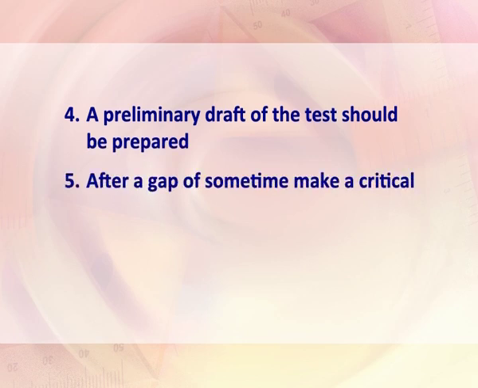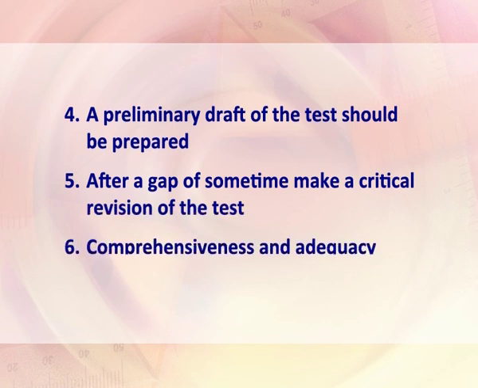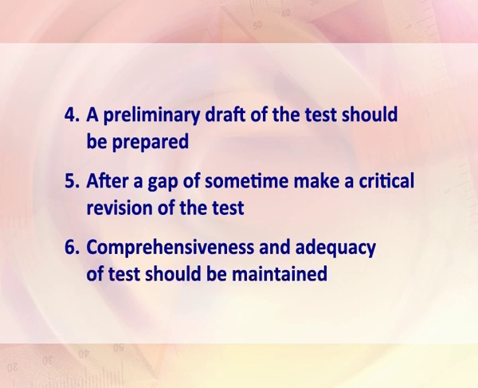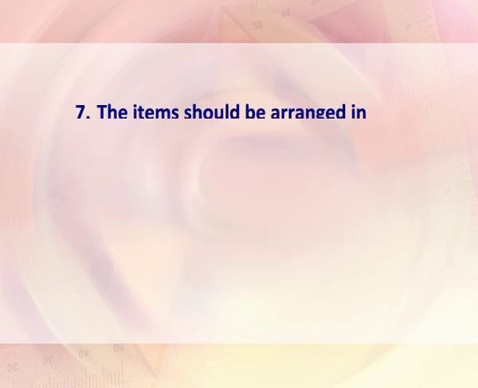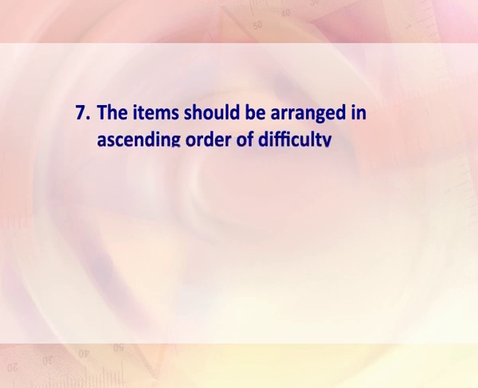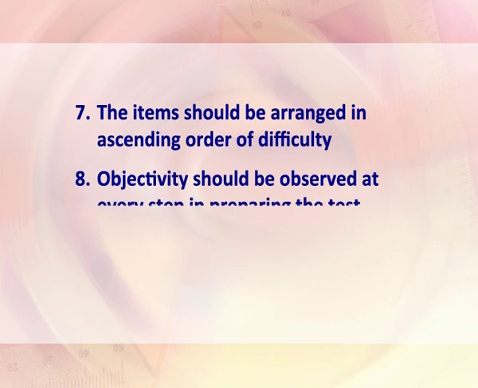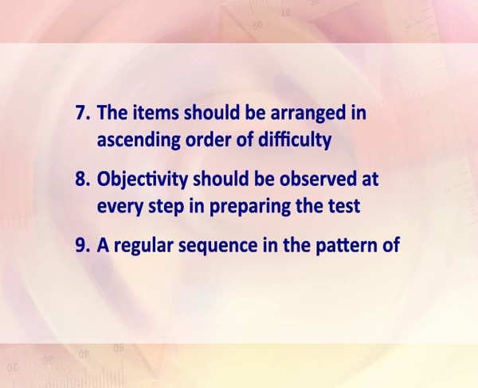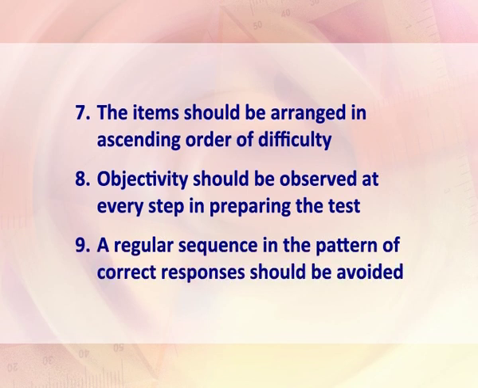Number fifth, after a gap of some time, make a critical revision of the test. Number sixth, comprehensiveness and adequacy of the test should be maintained. Number seventh, the items should be arranged in ascending order of difficulty. Number eighth, objectivity should be observed at every step in preparing the test. Number ninth, a regular sequence in the pattern of correct responses should be avoided.